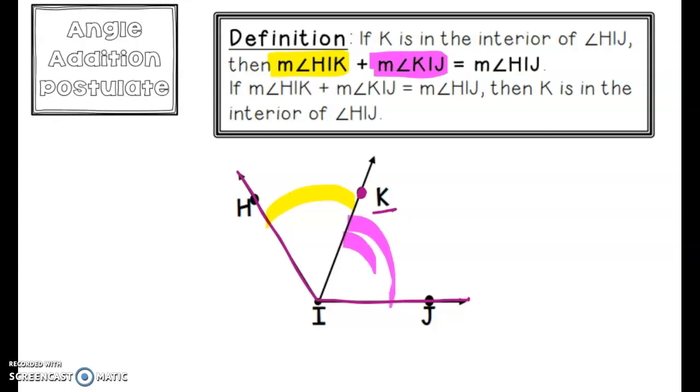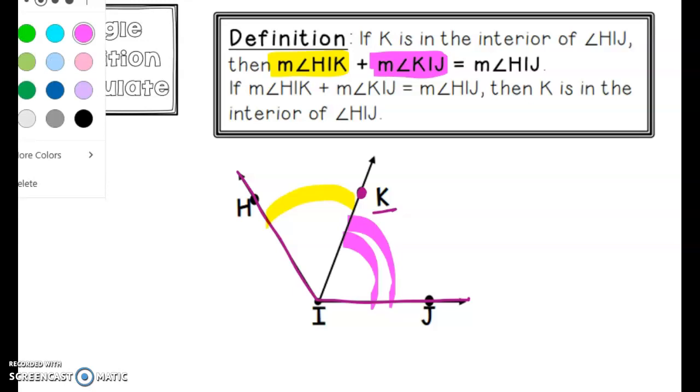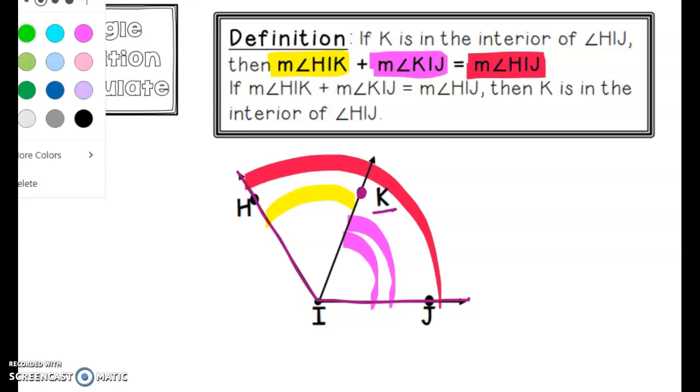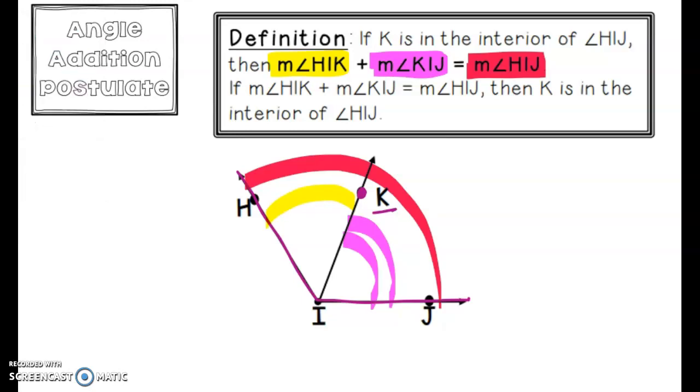It does not mean they are equal, so I'm going to put two arcs on that one just to show. So the yellow angle plus the kind of purpley angle equals angle HIJ. So it equals the whole thing. So basically, one angle plus the other angle equals the whole angle.